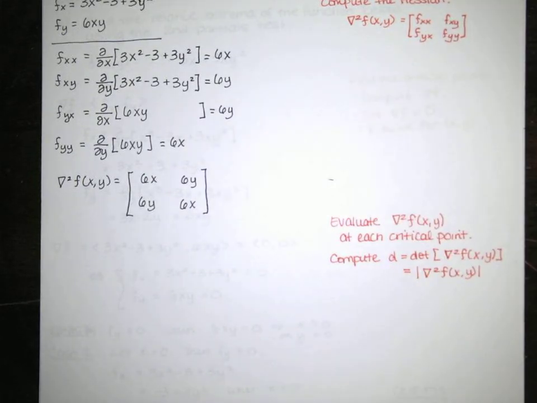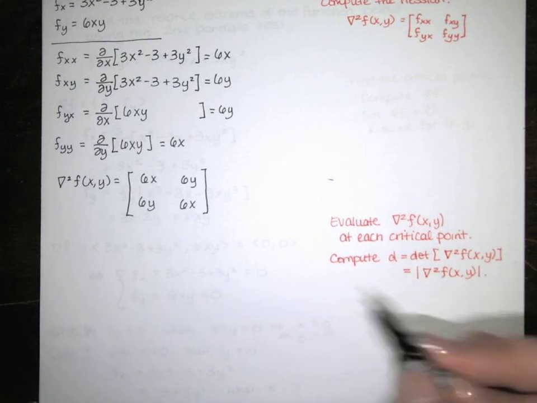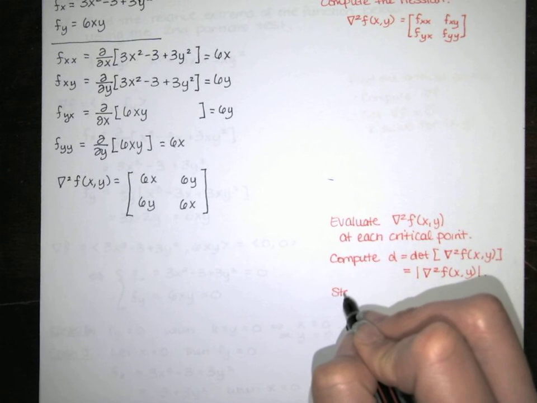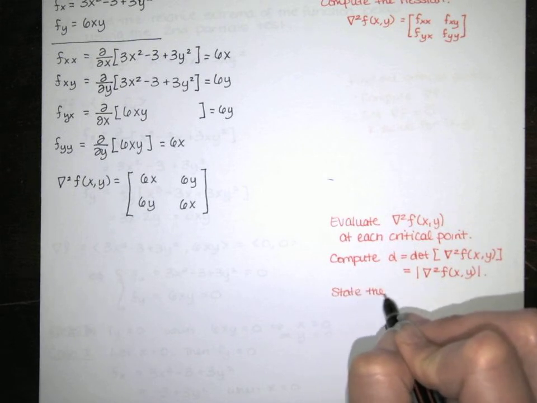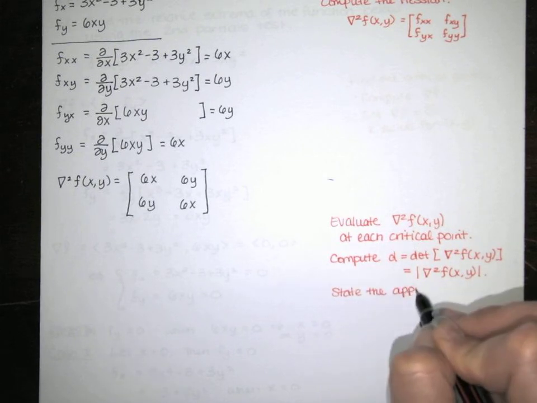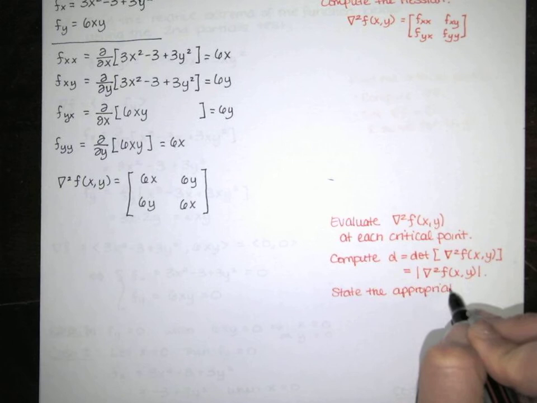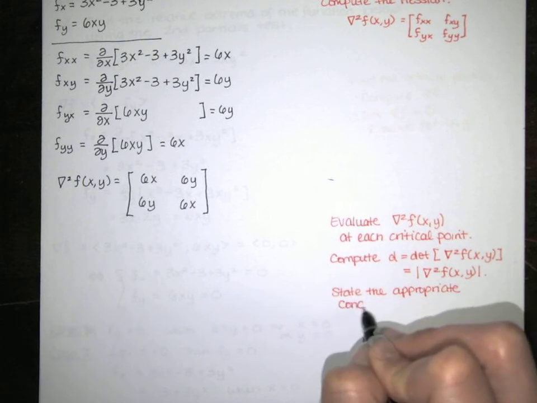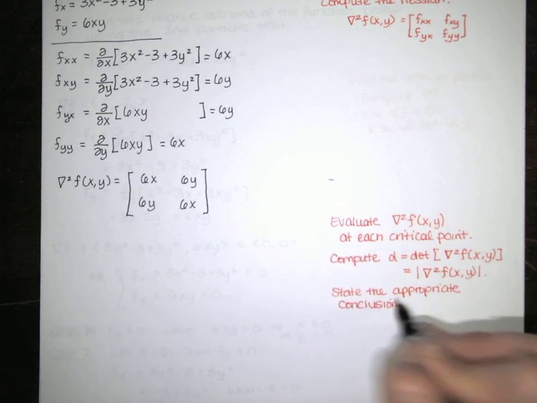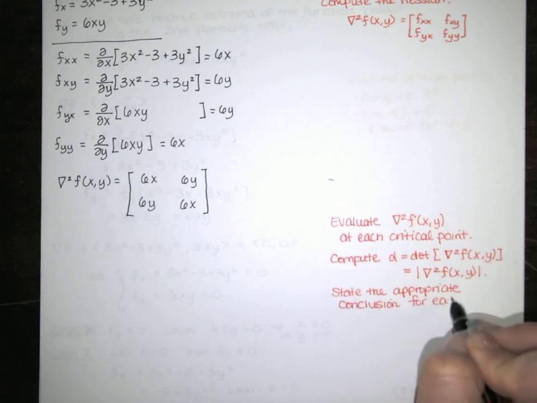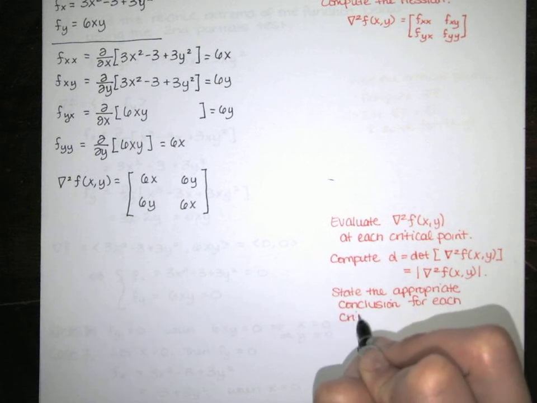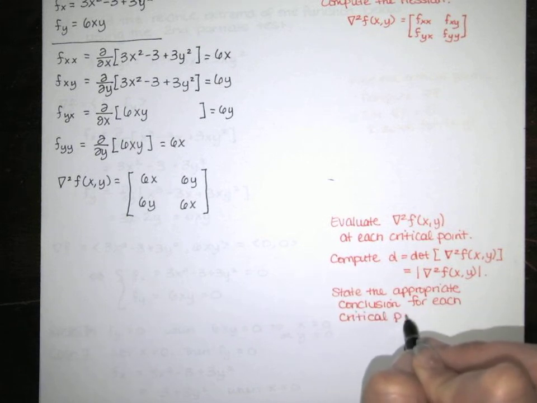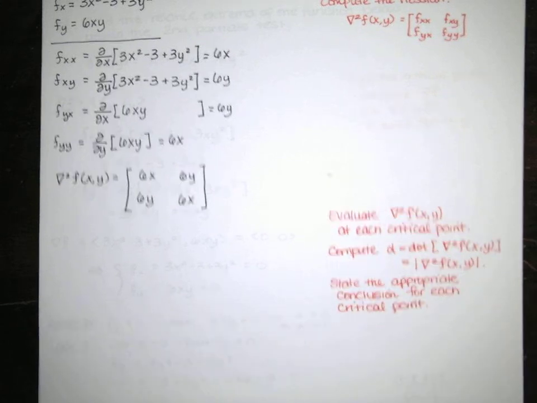And then once you've computed D, we go through the second partials test and state the appropriate conclusion for each critical point. Okay, so that's the plan. Let's do it.